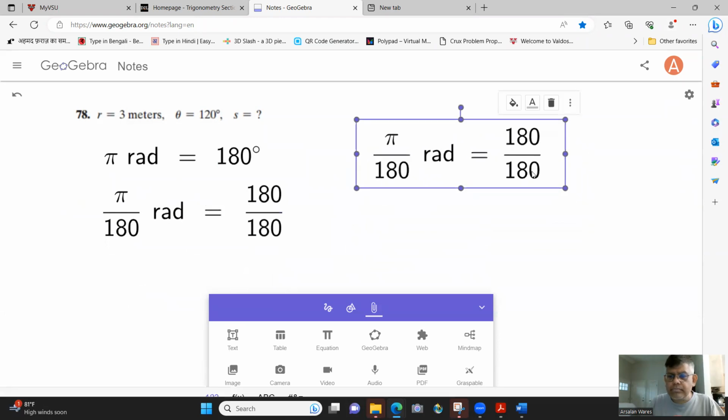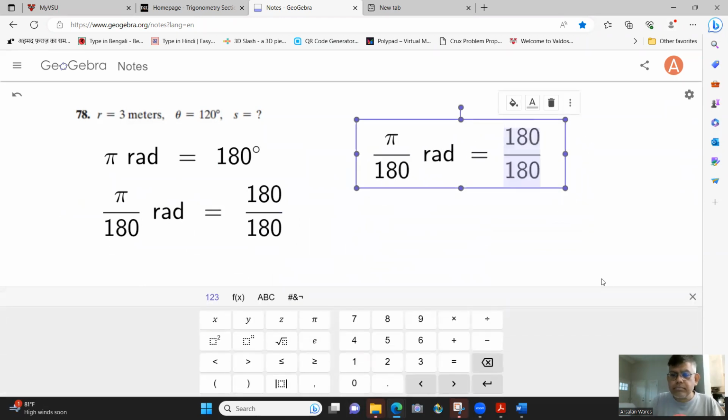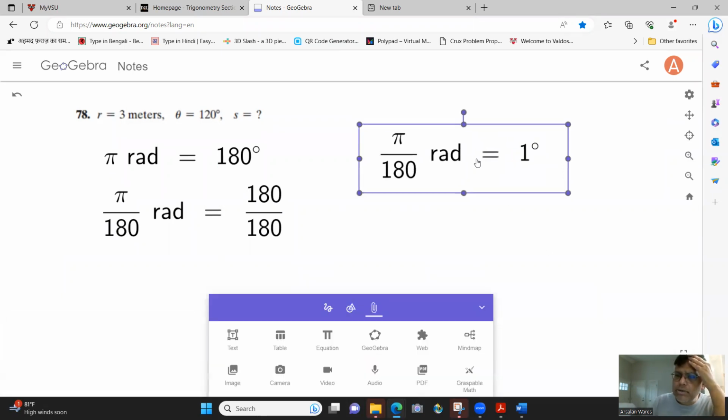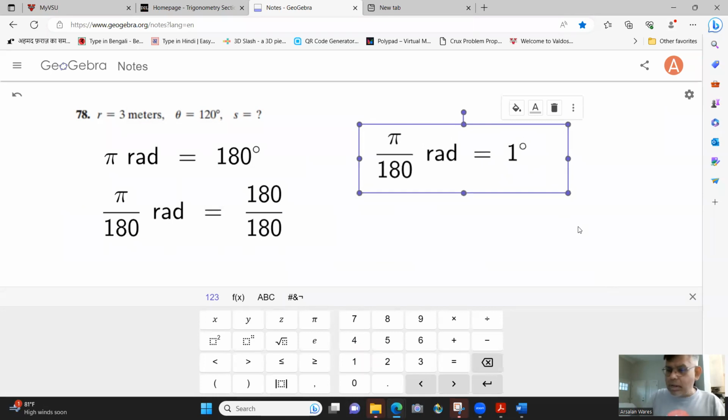I'm going to go here: 1, and you really want to be accurate, it's 1 degree. So I know 1 degree is pi over 180 radians, but I don't want 1 degree. I want 120 degrees. So you multiply both sides by 120. 1 times 120 is 120, and you have to do it here too.